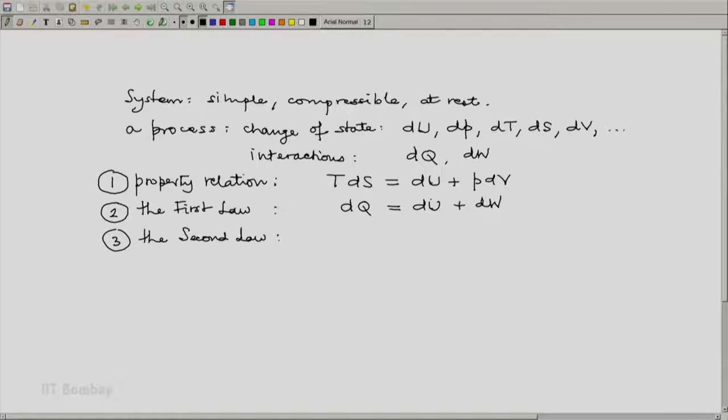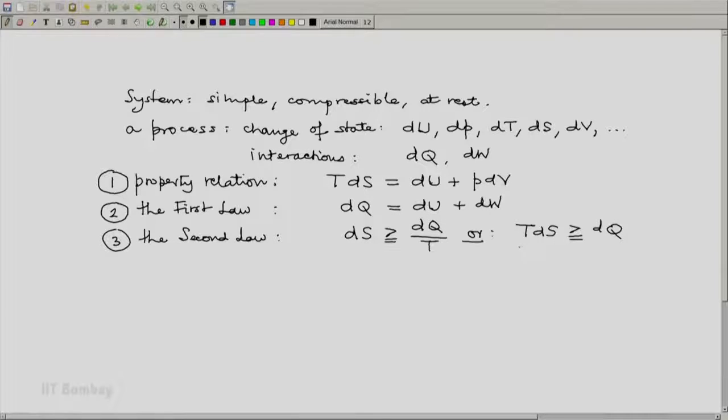What does the second law say? Second law says that dS must be greater than or equal to dQ by T, or multiplying both sides by T, we will get TdS is greater than or equal to dQ.